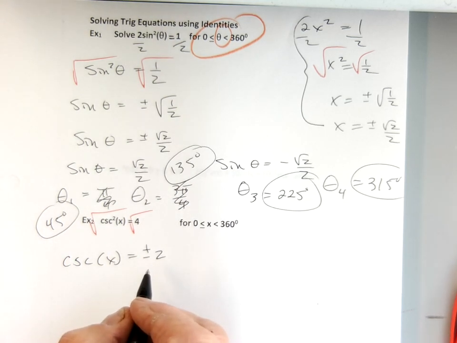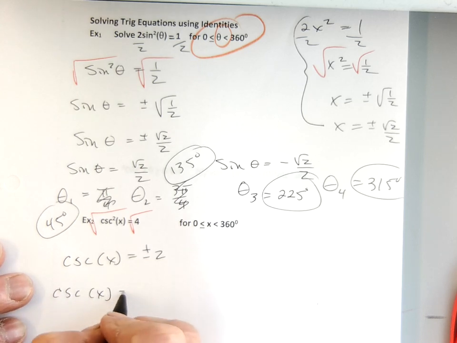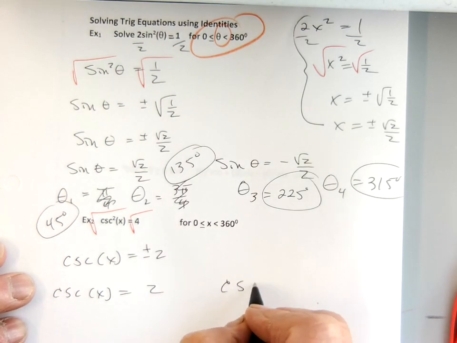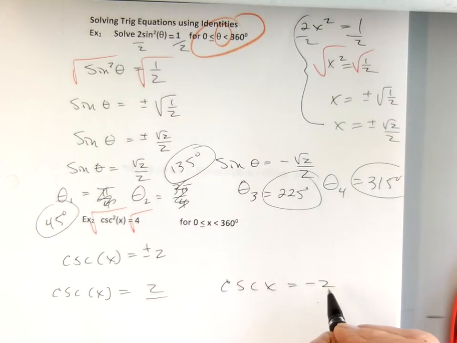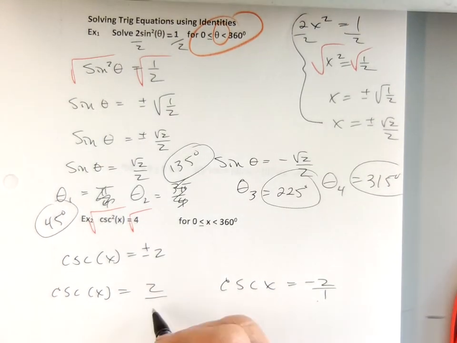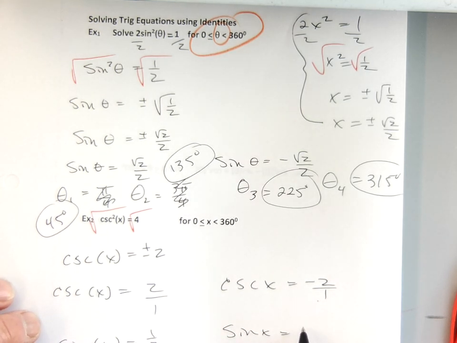You guys agree? So cosecant of x equals 2, cosecant of x equals negative 2. But I'm going to flip it, and then we're going to have a 1/2 and a negative 1/2. So sine of x equals 1/2 and sine of x equals negative 1/2.